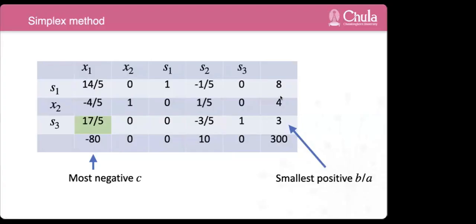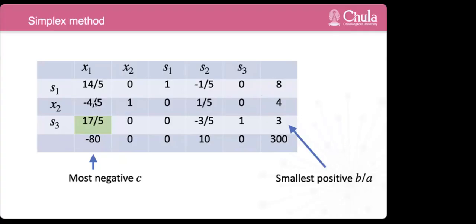We use b over a again. Test the b over a. So this one has the smallest positive b over a. You don't have to consider this one because this is negative.